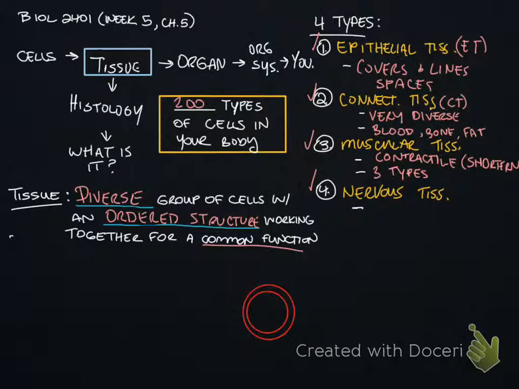Now, nervous tissue, its role is going to be communication, to send messages mainly through electrical signals, or action potentials. Okay, so we're not going to spend a whole lot of time on 3 and 4. We're going to focus mainly on epithelial tissue and connective tissue. Okay.